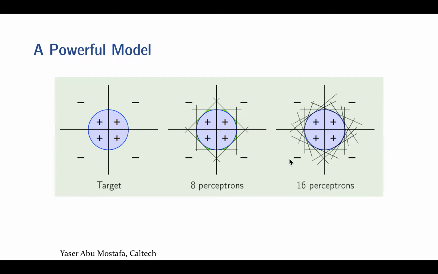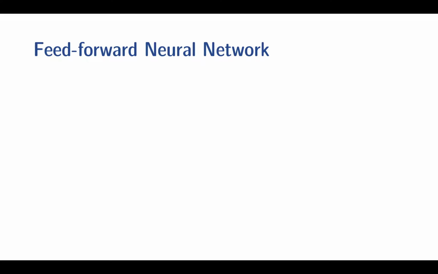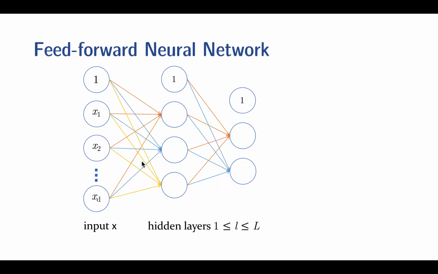A feed-forward neural network is something I motivated from the XOR example and from perceptrons, but in general, this is what it looks like. You have an input vector X, which is augmented by 1, just so that the hyperplane passes through 0. So that's your input vector. And then you have a bunch of layers.